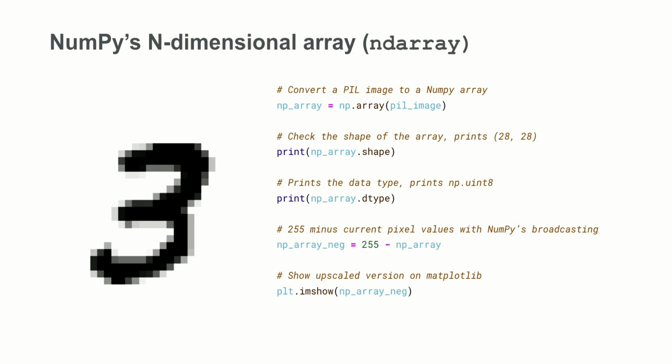We take the original values of the stack of the matrix here, and then we take 255 as a value that we subtract from, and this creates a negative of the image. You see now that the background is white, and the digit itself is now drawn in black.